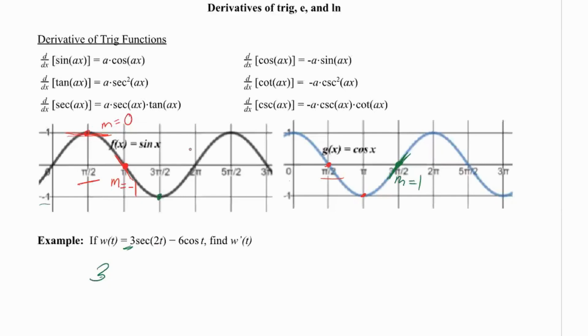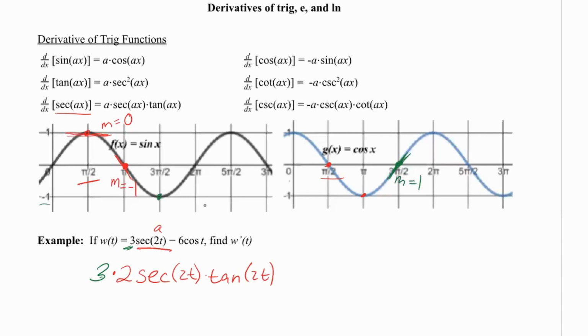Well, we're going to be using this rule here. So we have a here is 2. So we're going to do times 2. The derivative of secant is secant of whatever we have on the inside times tangent of whatever we have on the inside. So that's the derivative of secant 2t.